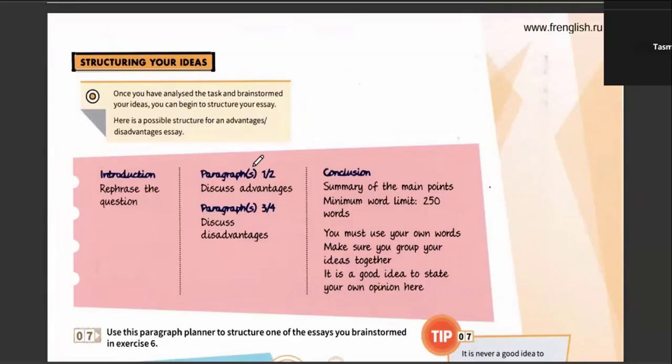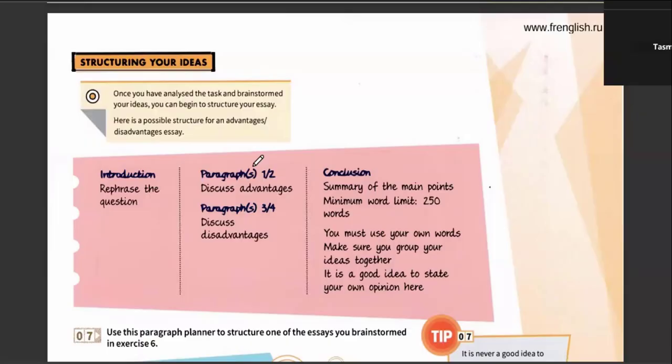In the first paragraph, we have the introduction, where we rephrase the question or the topic in a way that shows that we will be talking about this and we will show the advantages or disadvantages of this topic. So that is how we start and write the introduction, right?